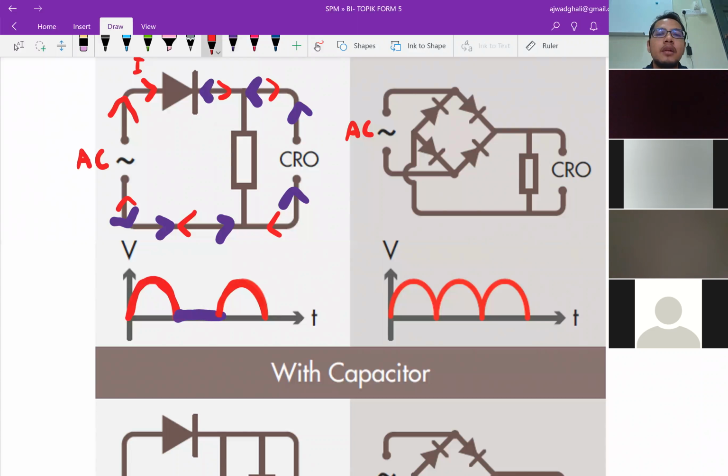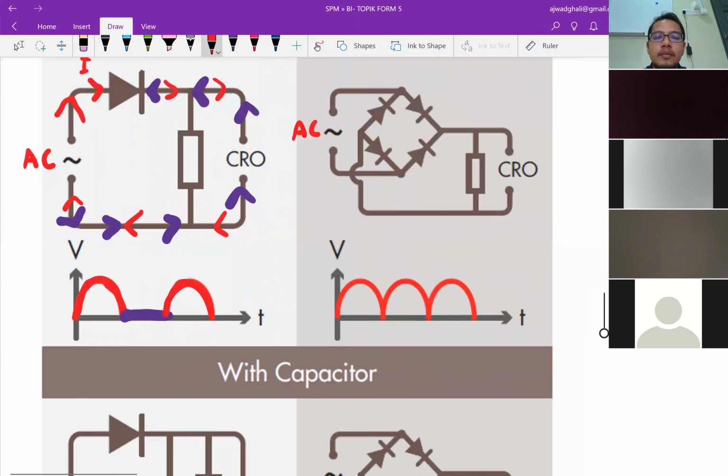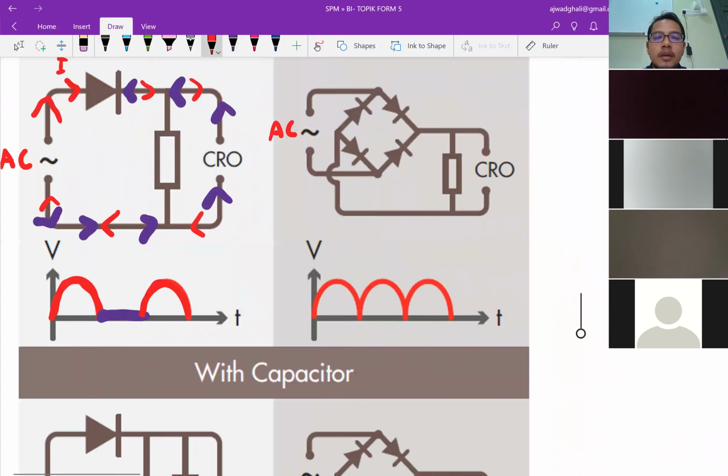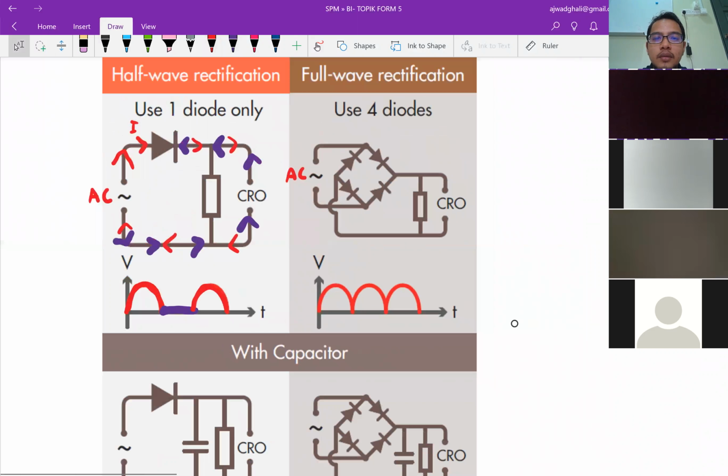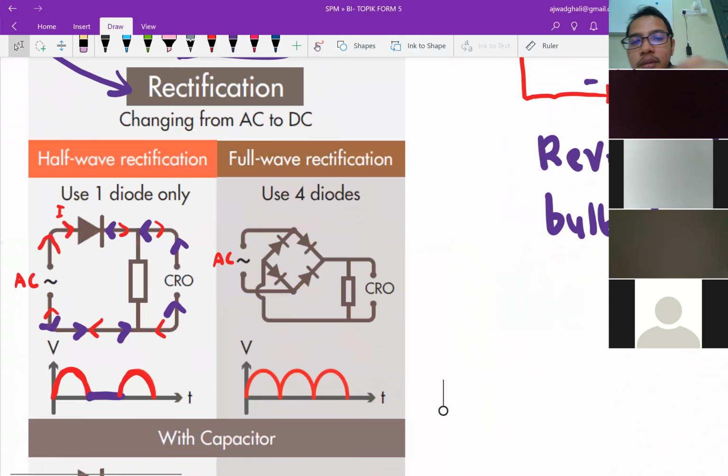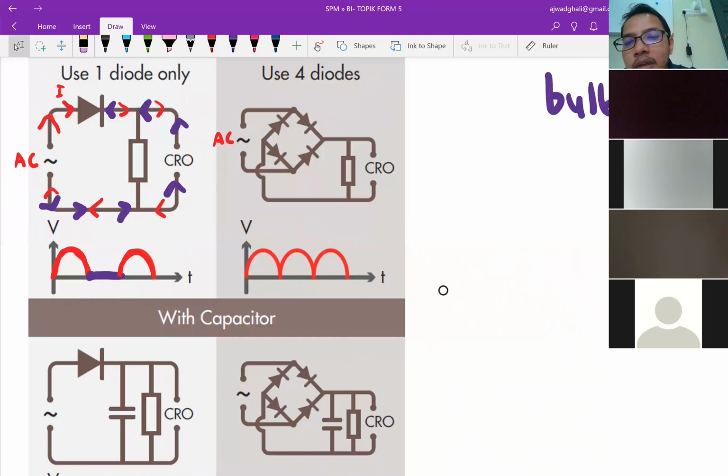Okay. Right? Next is full wave rectification. Okay, because first you need to remember what is the output for alternating current. Alternating current, the output is like this.